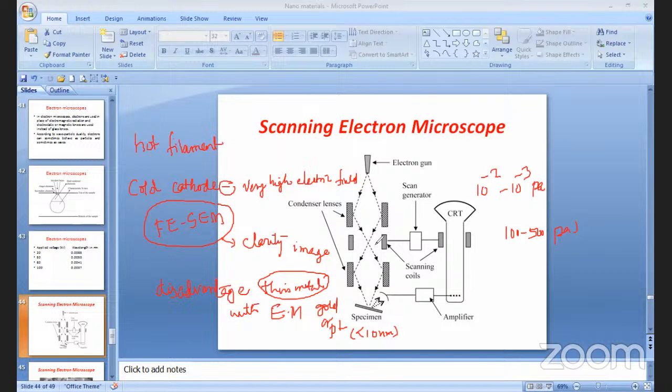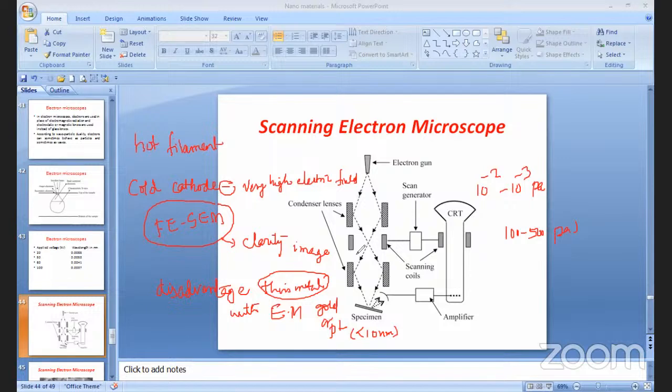That is what we have to remember here. This electron microscope can also be used to obtain the composition of a sample using a technique known as energy dispersive analysis of X-rays, which we will call EDAX.